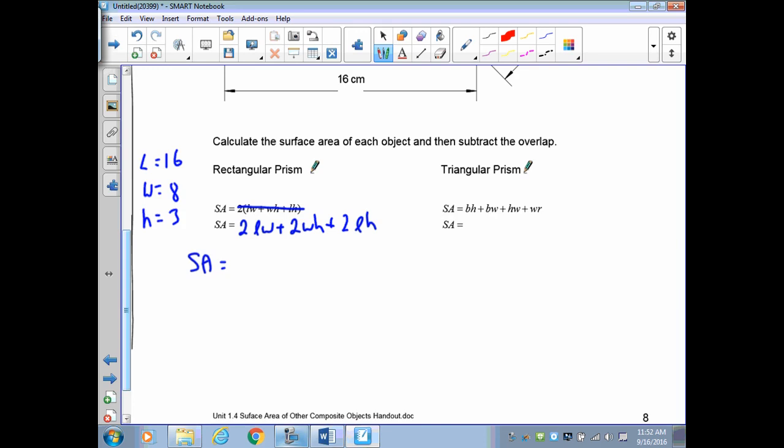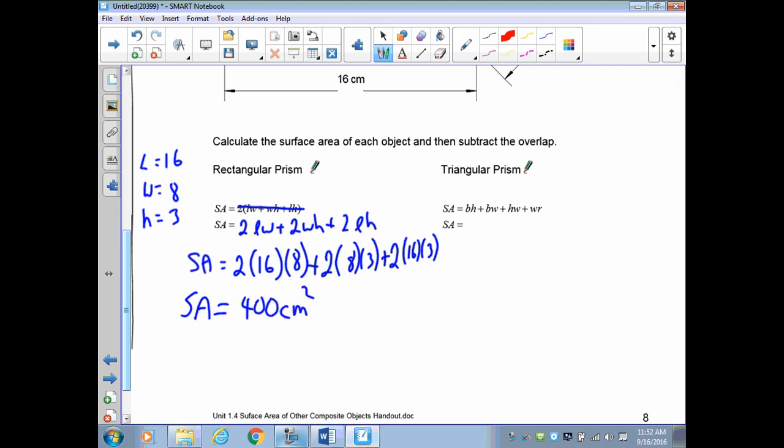I've got all that information easily available, so I won't mess up. So 2 times length is 16. The width is 8 plus 2 times 8 times 3 plus 2 times 16 times 3. Do all the calculations, and that shoots out 400.